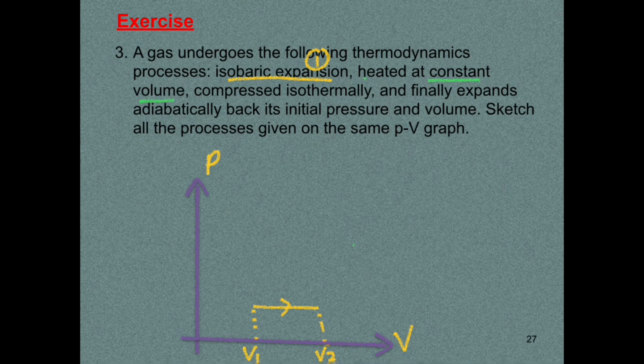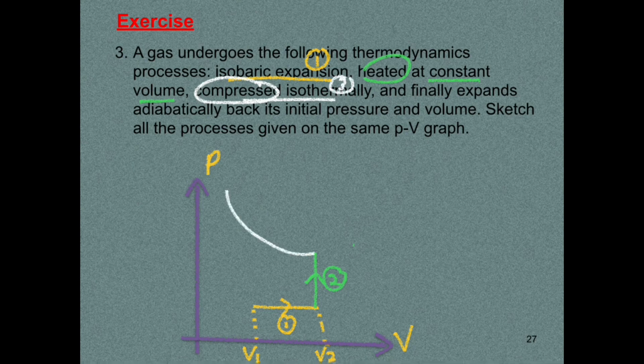Okay, and then heated at constant volume. So volume is constant and it is heating, so the arrow will be upwards at the constant volume V2. Compressed isothermally. So isothermal means same temperature.